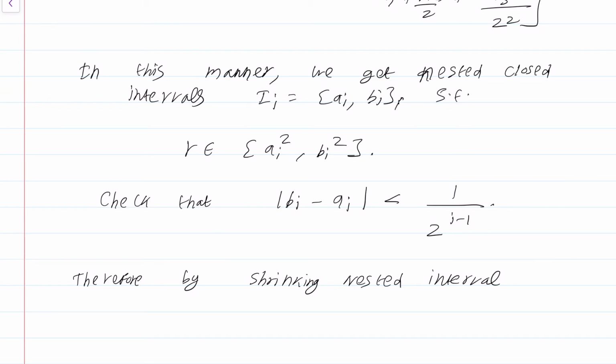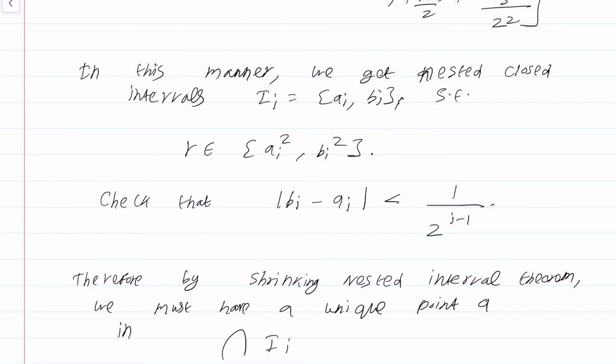Therefore, by the shrinking nested intervals theorem, we must have a unique point a in the intersection of I_i, i running from 1 to infinity.